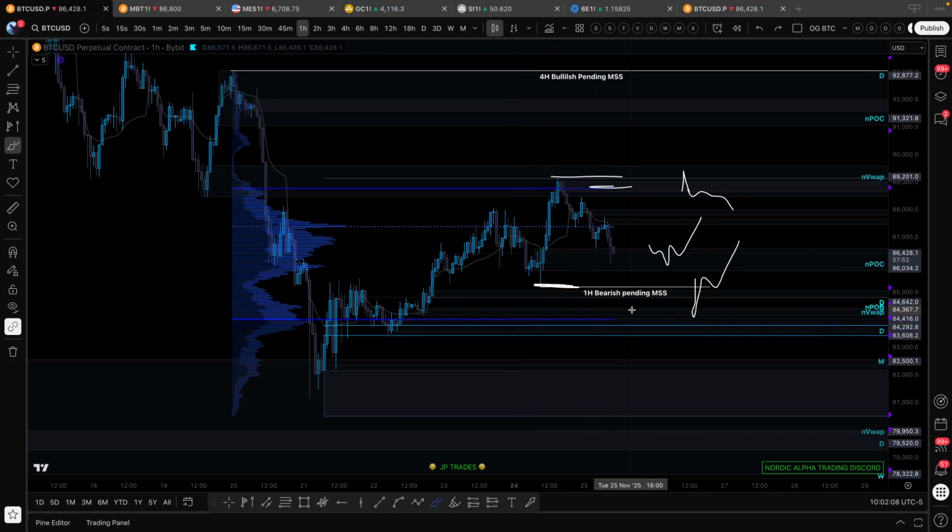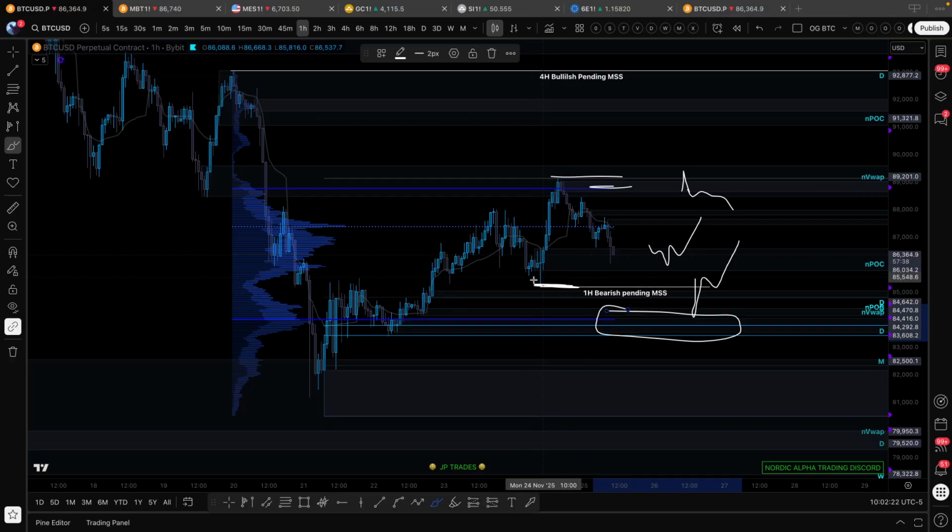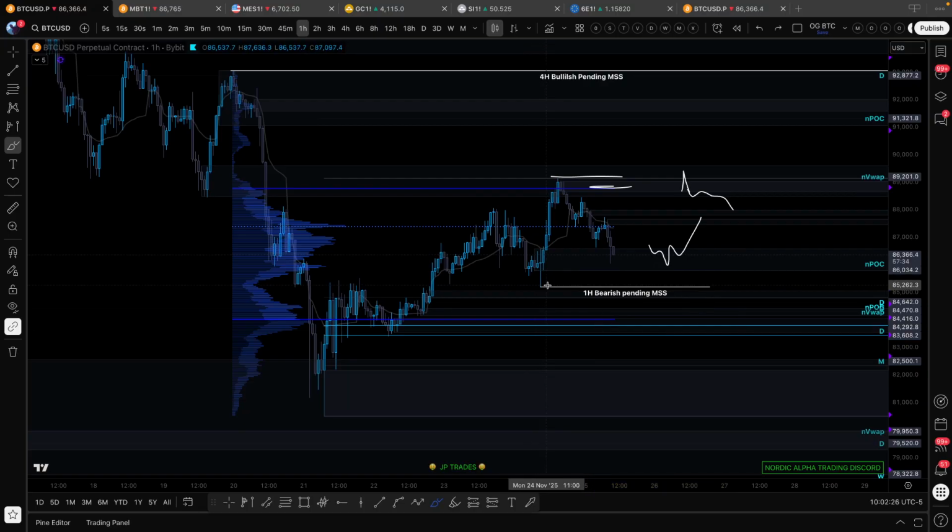We do have nice confluence in this zone here for a long. Again, I would rather see an SFP come down with a wick and then trade back above this on the 1 hour. So I would be looking for a 1 hour or 4 hour SFP right here.